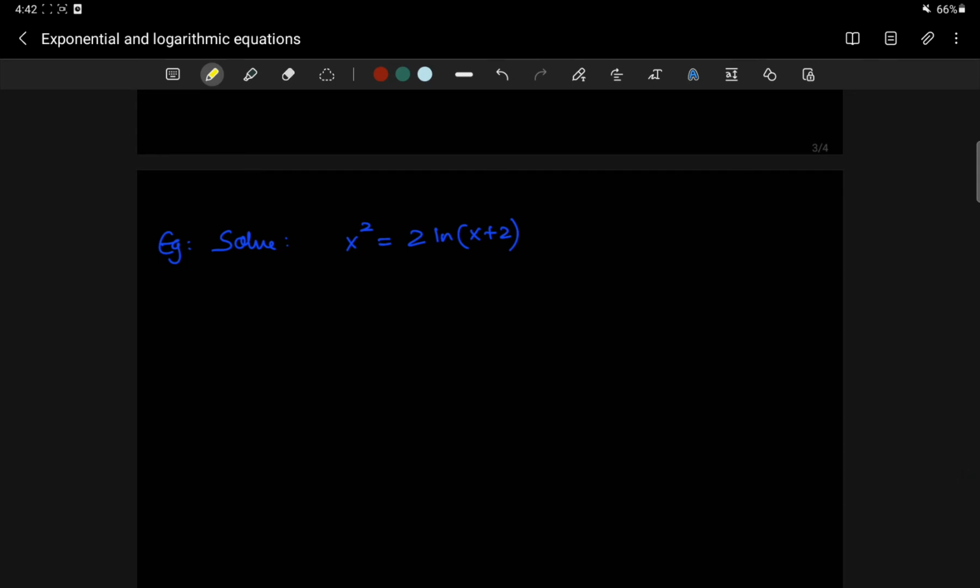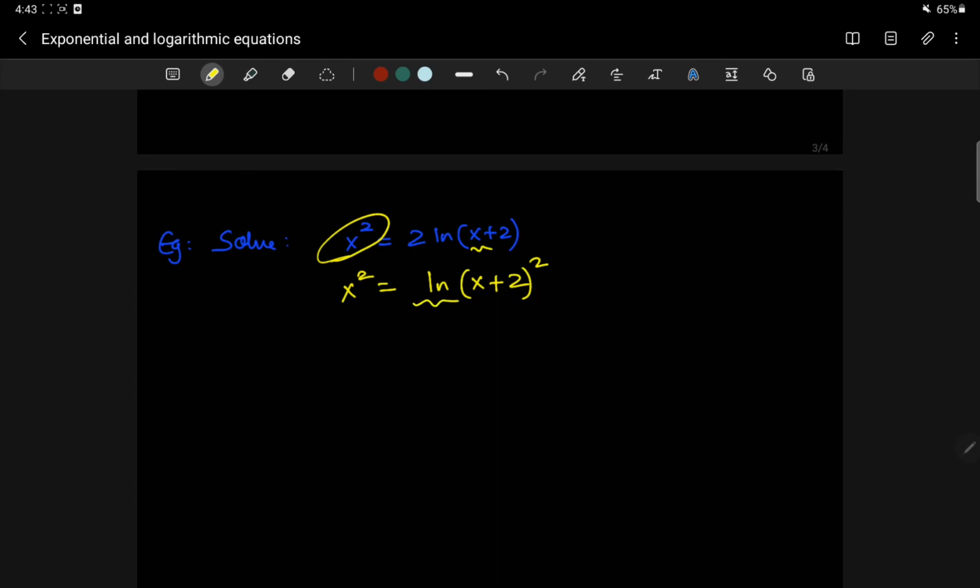One more, it says x squared equals 2 log x plus 2. Now this is kind of strange because you have an x squared, you have an x, but then all of these is inside a log function. So what I'll do is, let's use the property of log to say this is x squared equals log of x plus 2 squared.